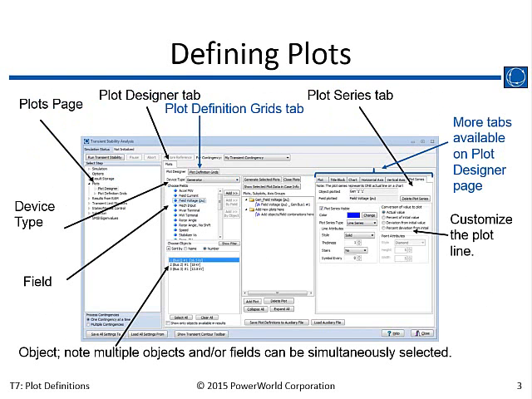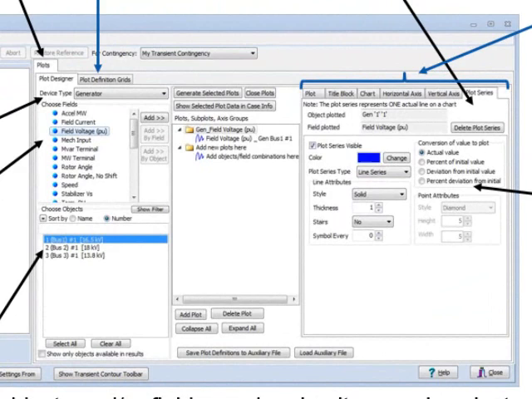So the main parts, there's all kinds of parts and names to the plot, so we'll go through some of that. The plot designer is the heart of all of this, that lets you define the objects that you're going to plot and the fields that you're going to plot, and then there are plots and subplots and title blocks and charts and data series and all these other things that go into a plot, and we'll talk about the different things that you can set with each of those.